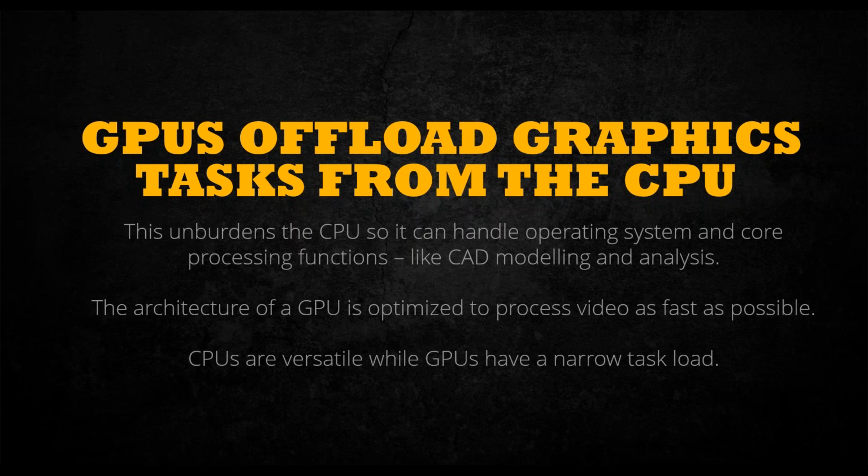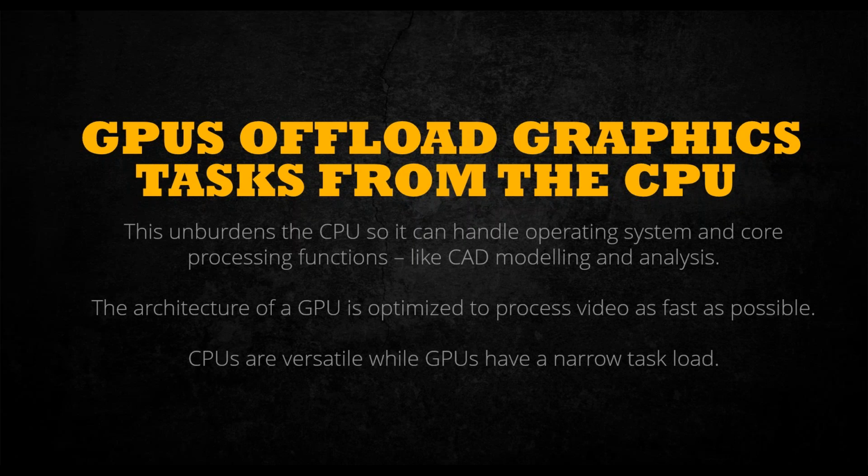So if we think about a CAD application, when you're building a building in Revit, you're asking the CPU to figure out where the walls are and how to compute intersections, all these types of things that are arithmetically intensive. That's what your CPU does. But also, in order for the human being to see what's going on, a result has to be sent to the screen. And that task is what the GPU is going to handle.